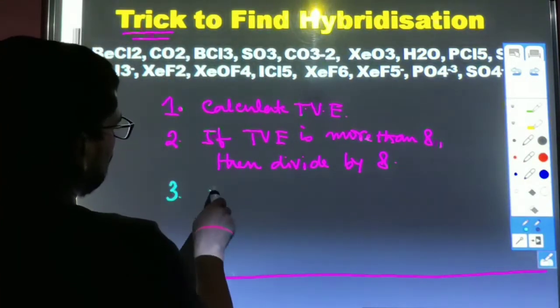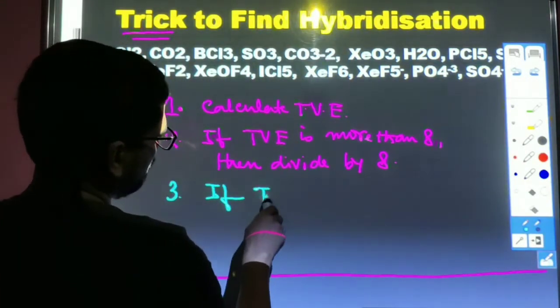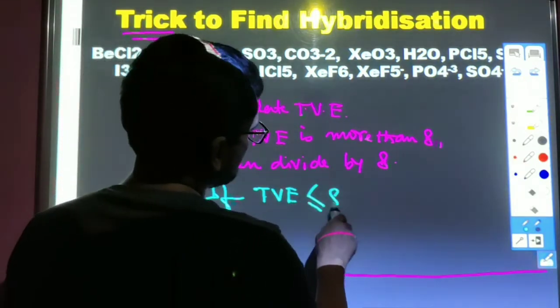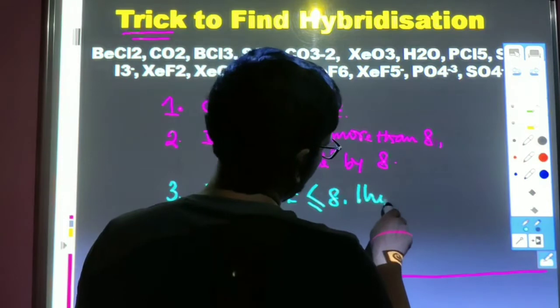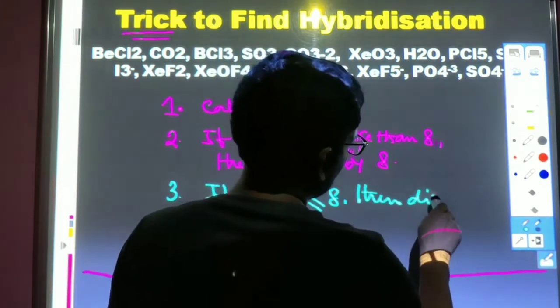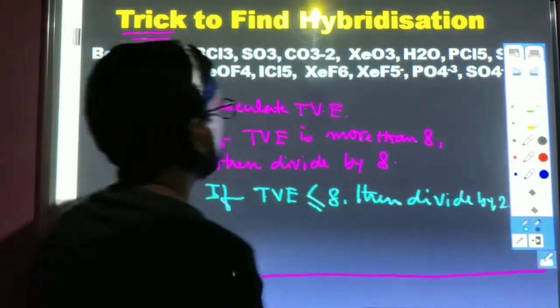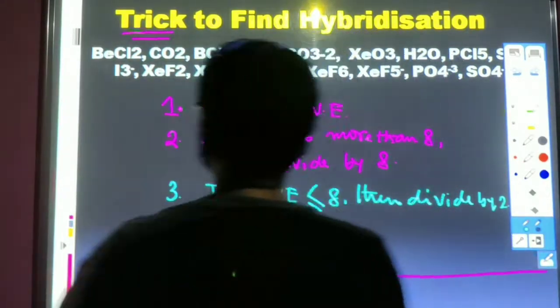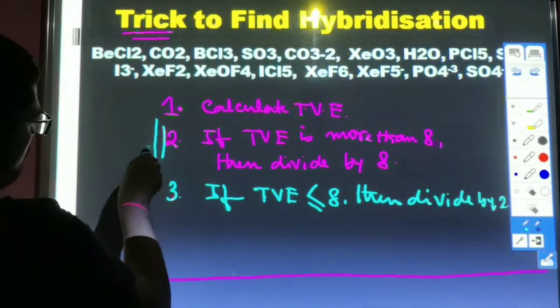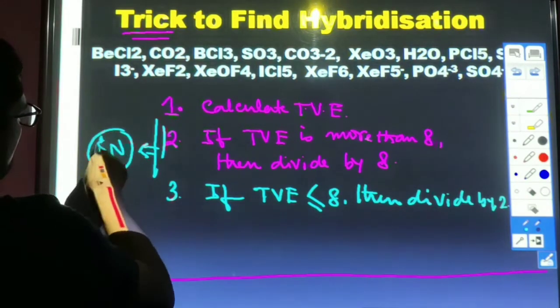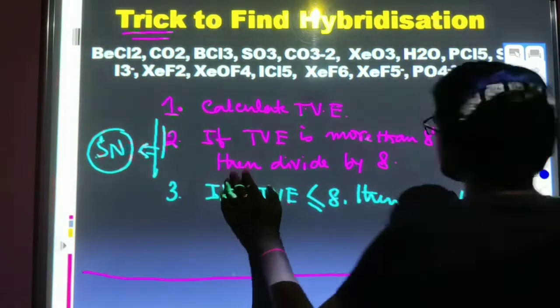And number 3, if total valence electron is equal to or less than 8, then divide by 2. From this we can calculate the steric number.